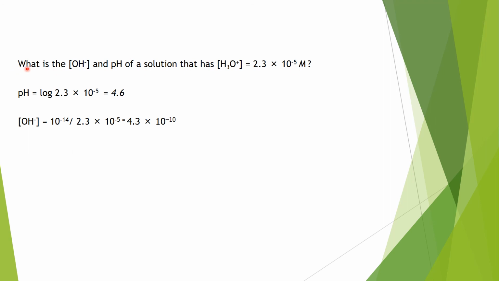Okay, so one way you can do it is you can figure out the pH, which should be minus log of 2.3 times 10 to the minus fifth, 4.6. And then simply what you can do is use the Kw expression, divide 10 to the minus 14th by the amount of acid, and you get 4.3 times 10 to the minus 10th.